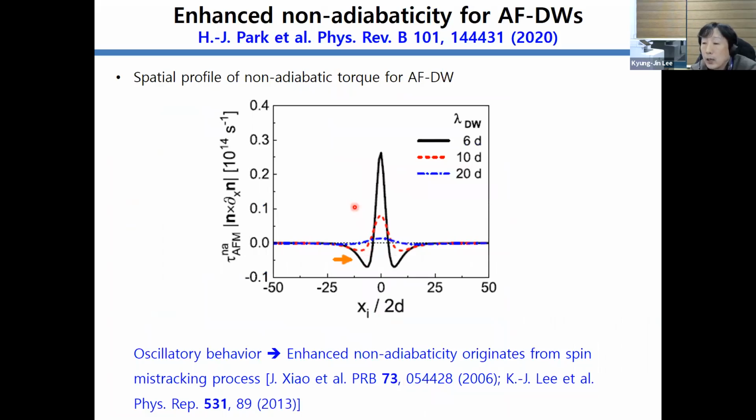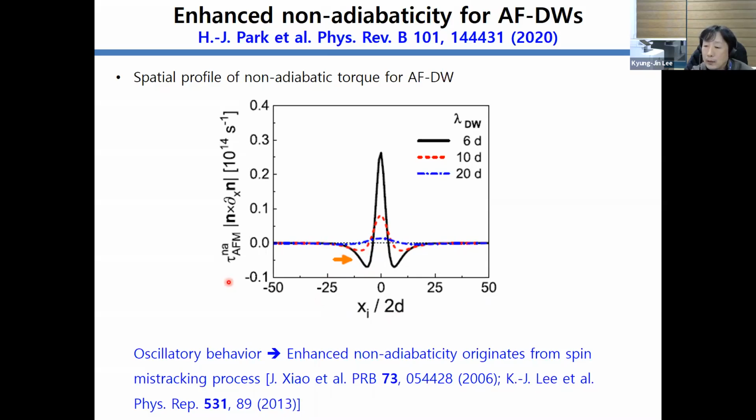And when we look at the spatial profile of the torque, you see that there is some oscillating component. This oscillating component arises from the spin precession. It is actually a known effect in the ferromagnet called the spin dephasing process, originally in this paper and also later calculated in this paper too.